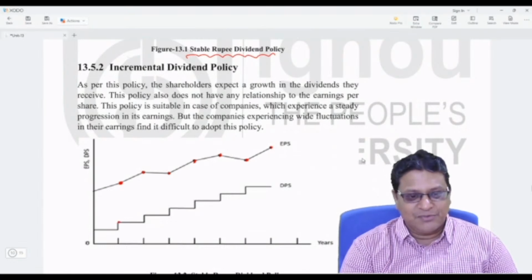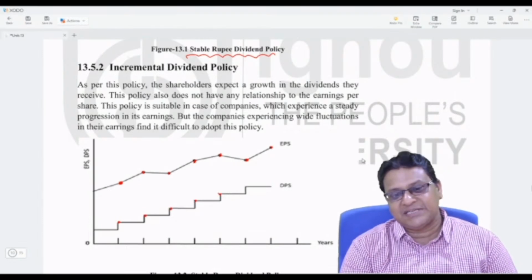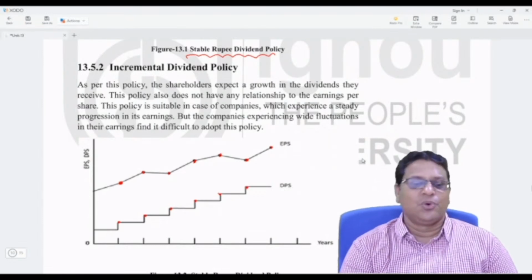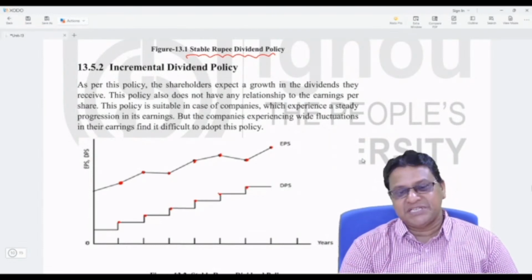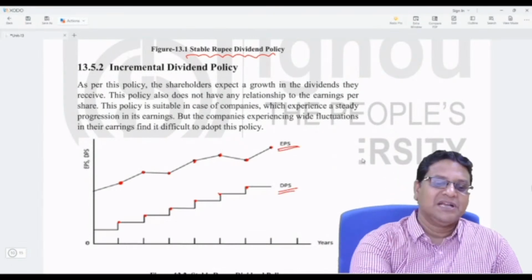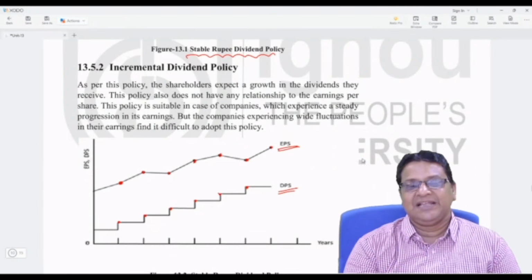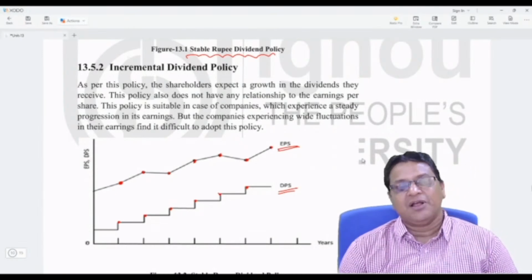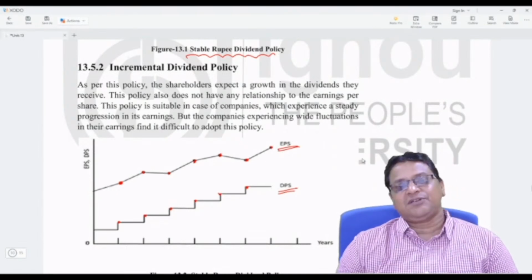First year dividend was this, next year dividend increases, and so on every year. So dividend increases in a stepwise manner. This is the shape of EPS and this is the shape of DPS. In case of DPS, the dividend increases in stepwise manner, but it does not have any relation with the earnings of the company.